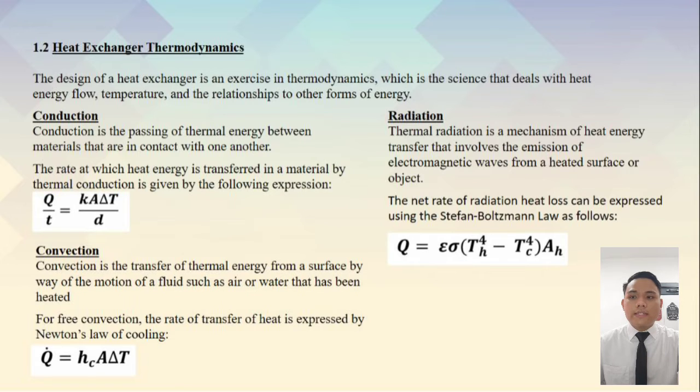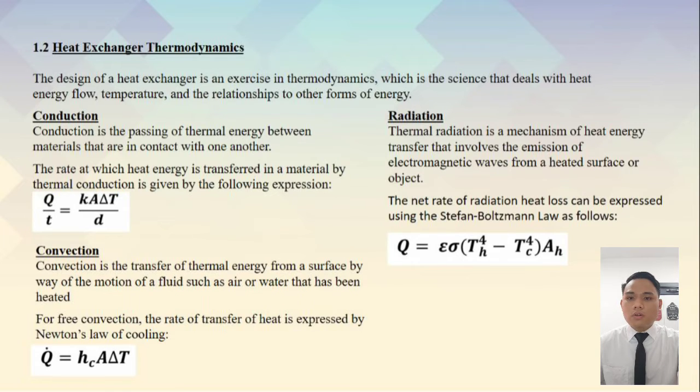The net rate of radiation heat loss can be expressed using the Stefan-Boltzmann law as follows: Q equal to εσ(Th^4 − Tc^4)A, where Q is the heat transfer per unit time, Th is the temperature of the hot object in absolute units, Kelvin, Tc is the temperature of the colder surrounding, also in absolute units, Kelvin.